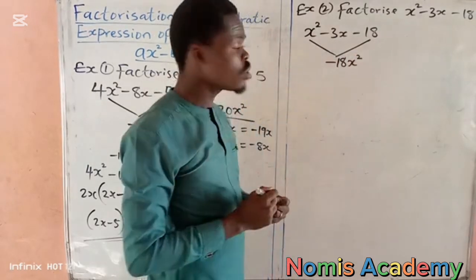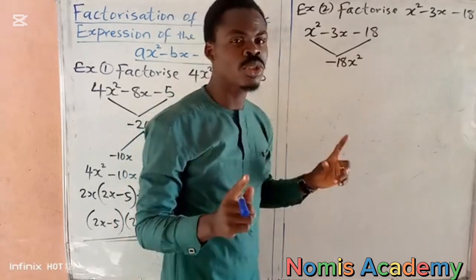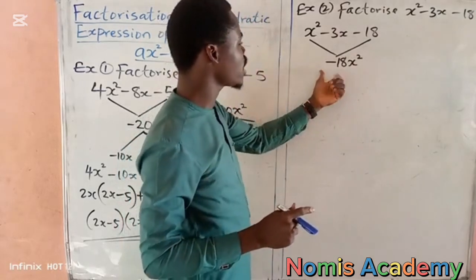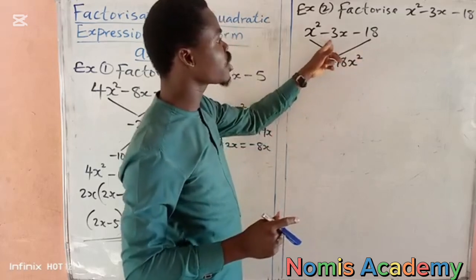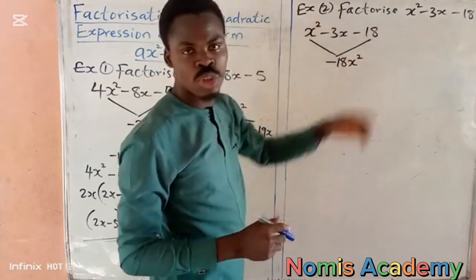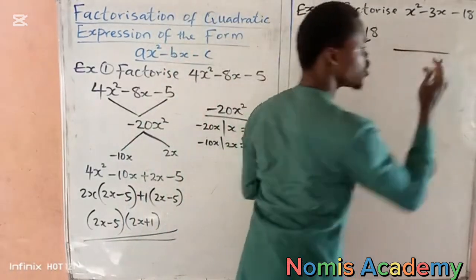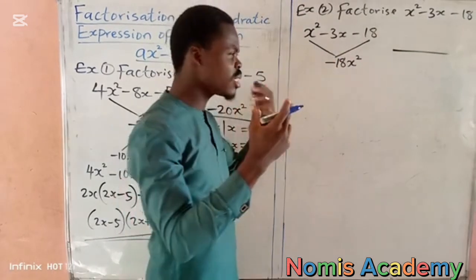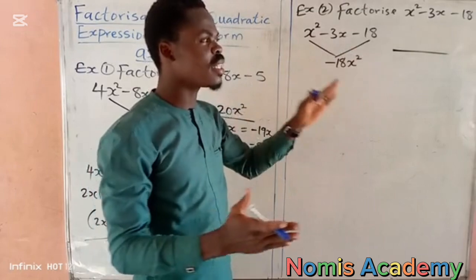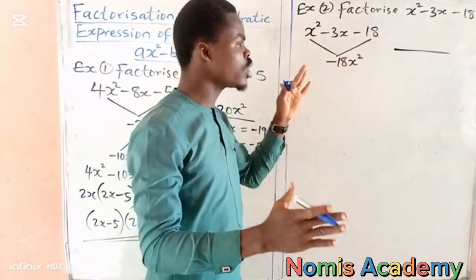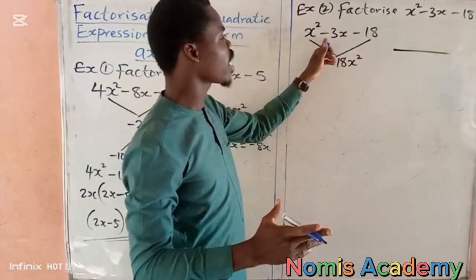The next thing to do is to find two factors whose product is minus 18x squared and whose sum is minus 3x. So let's do the usual thing. You don't need to start thinking. If you cannot think out the two factors, you can write out all the factors and then inspect, you check which of them sum up to minus 3x.